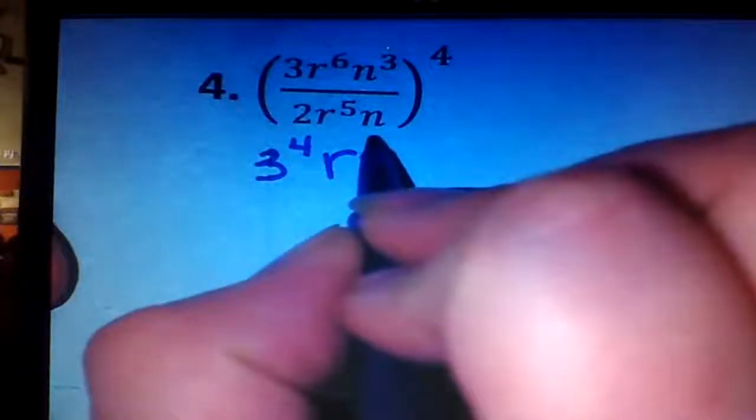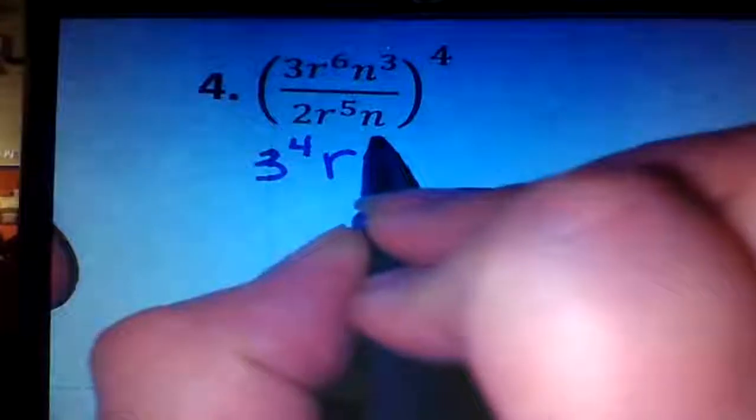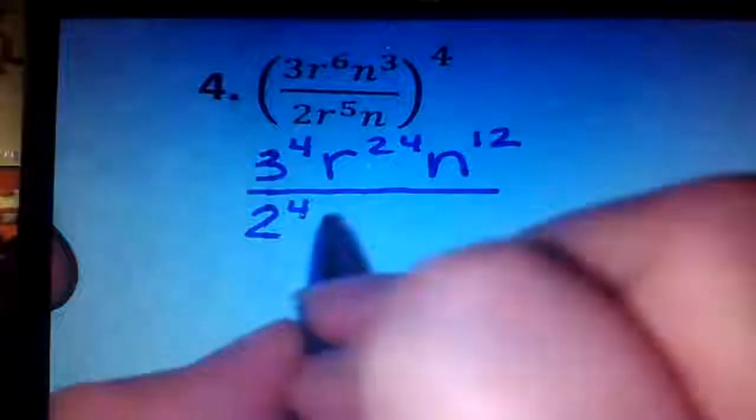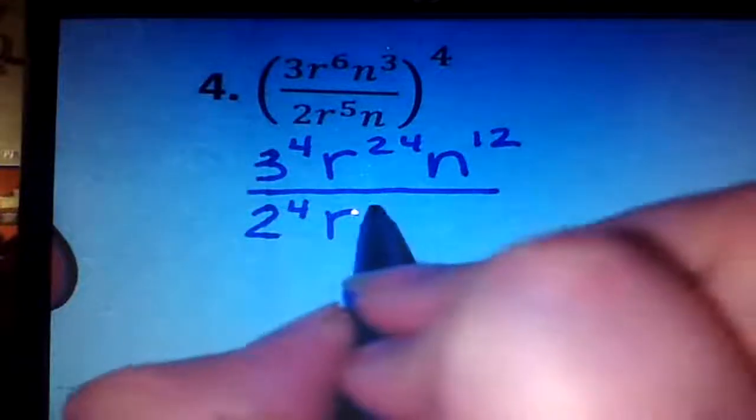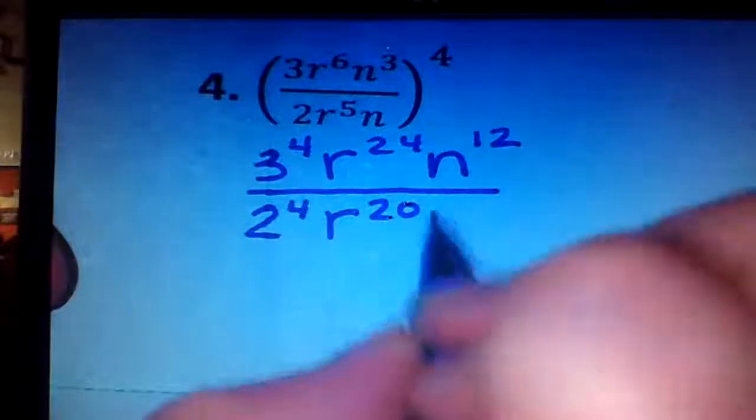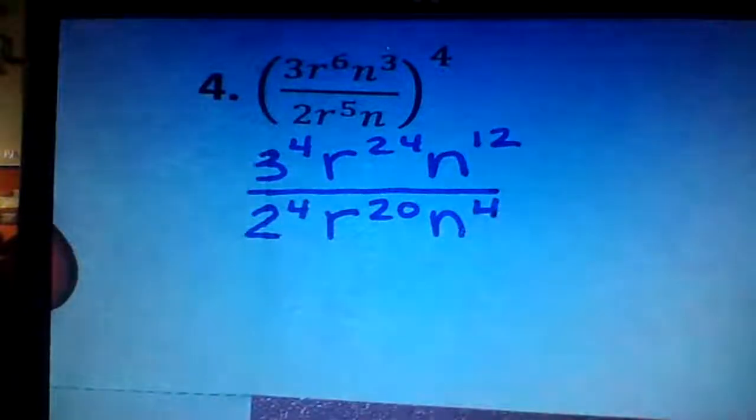Okay, this one. 3 to the 4th, r to the 24th, n to the 12th, over 2 to the 4th, r to the 20th, n to the 4th.